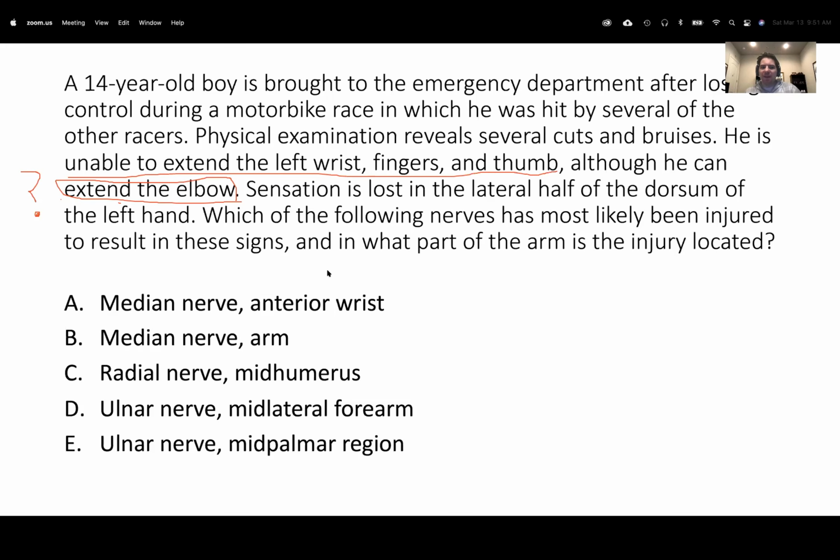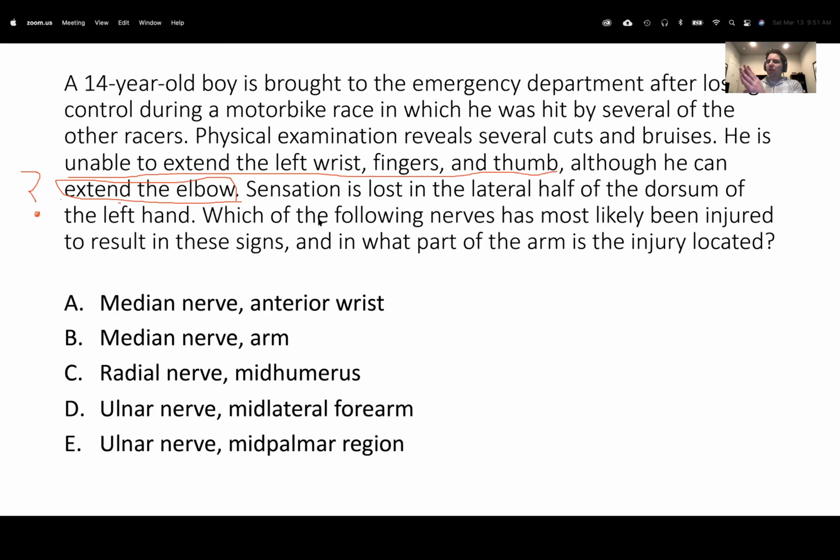I'll let you know, it's because the nerve that supplies the triceps exits prior to the mid shaft. So you always want to find the most proximal area that is injured that includes all of the symptoms.